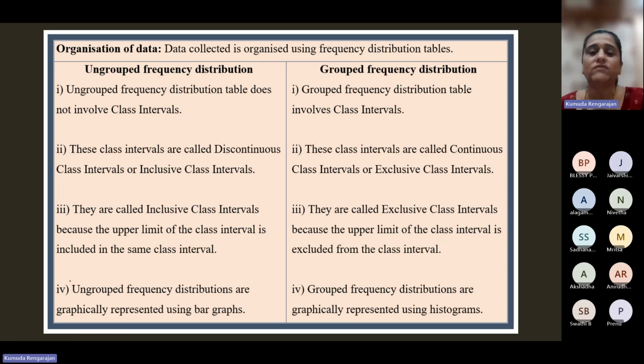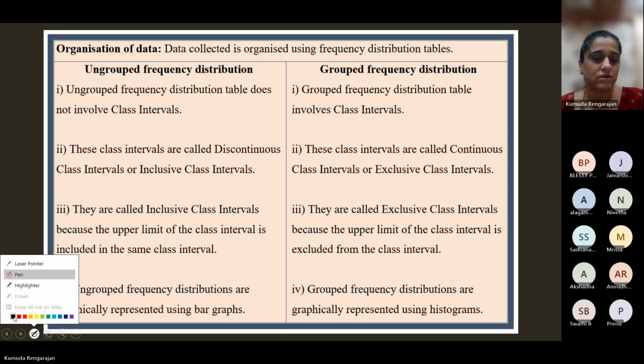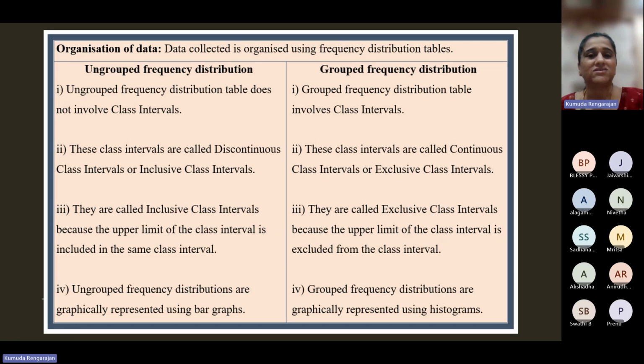If it does not involve class intervals, it's ungrouped. If it involves class intervals, it is grouped. All right. That's the major difference between ungrouped and grouped frequency distribution. Ungrouped does not involve class intervals. Grouped involves class intervals.